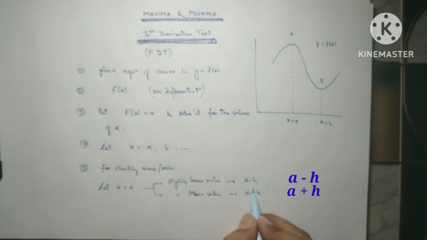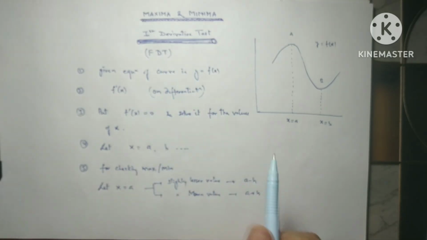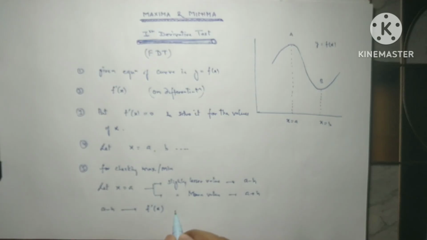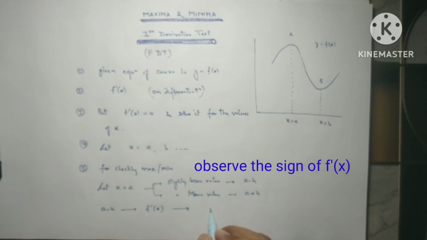And we put these in the first derivative, as we have the first derivative test. So we put these values in f dash x. When you place the lesser value, a minus h, in f dash x, observe the sign of f dash x.